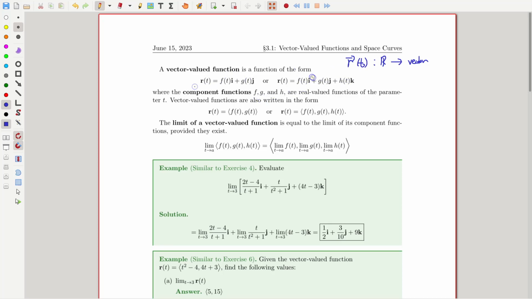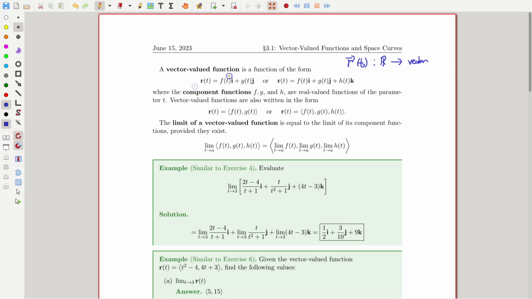If we restrict ourselves to the x component, we would just have the function f. Restricting to the y component, we would have g, and the z component, we would have h. They describe the way that the function r moves with respect to those 3 axes individually.